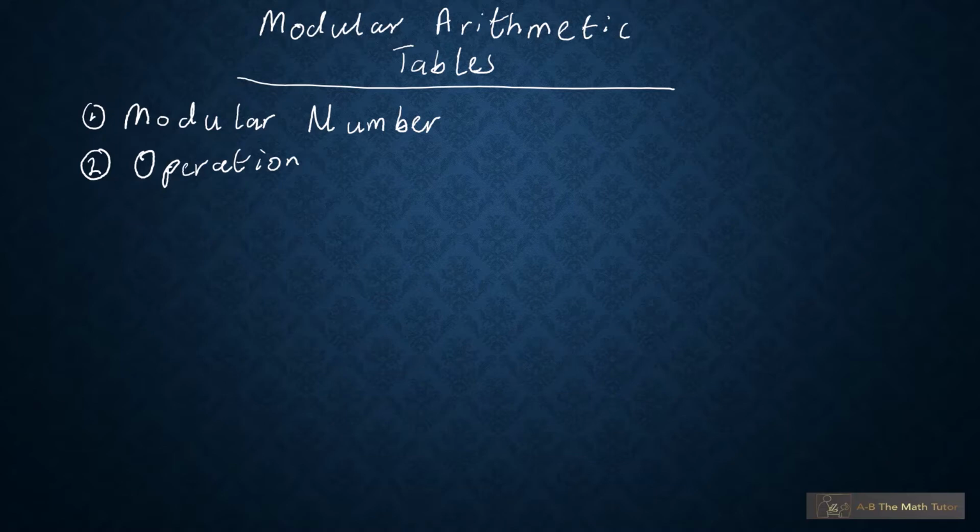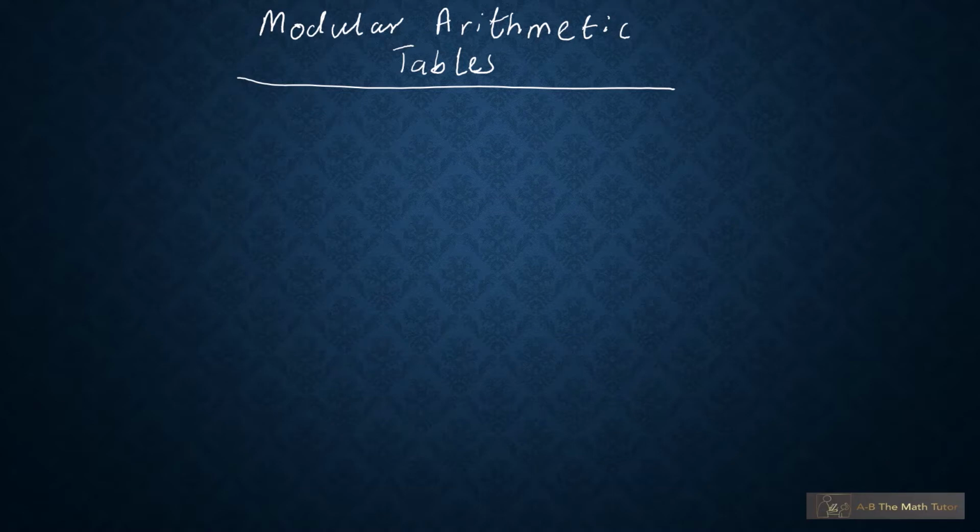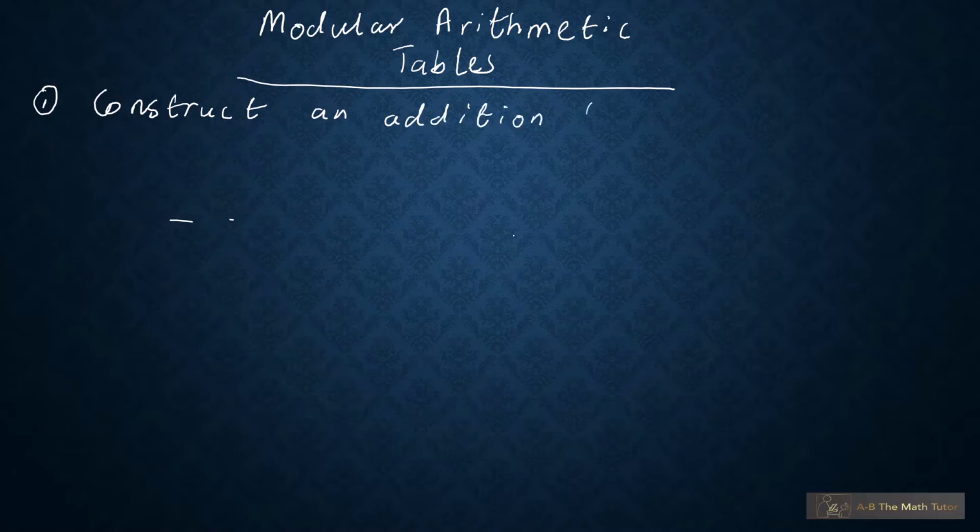So let's take an example and see how we can construct tables of modular arithmetic. So let's take this question. The question says, construct an addition table in modulo 5.